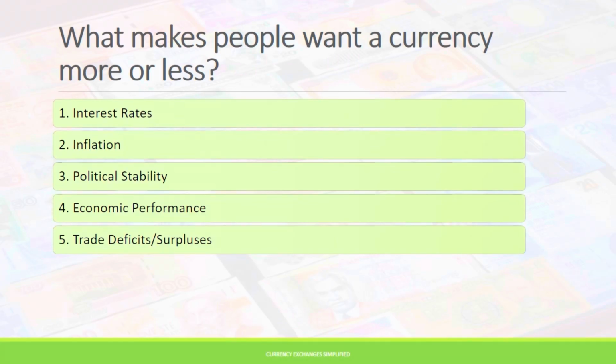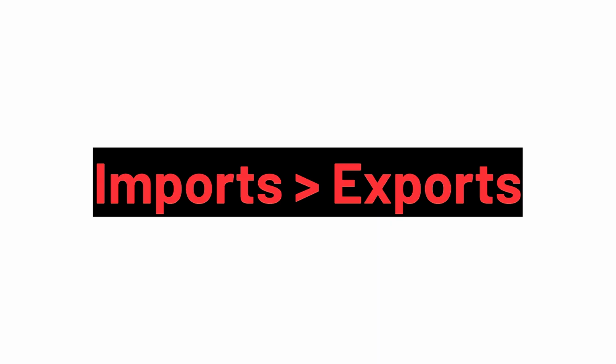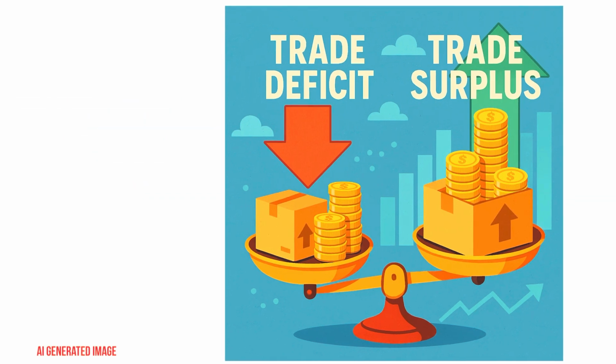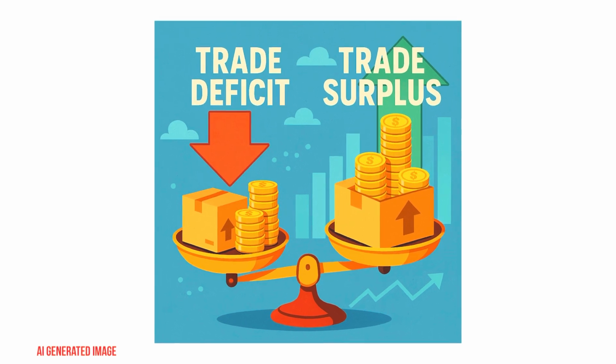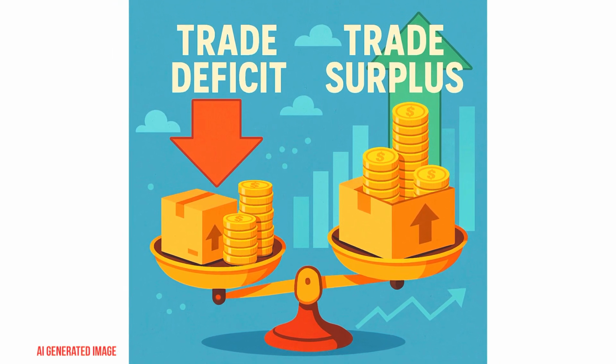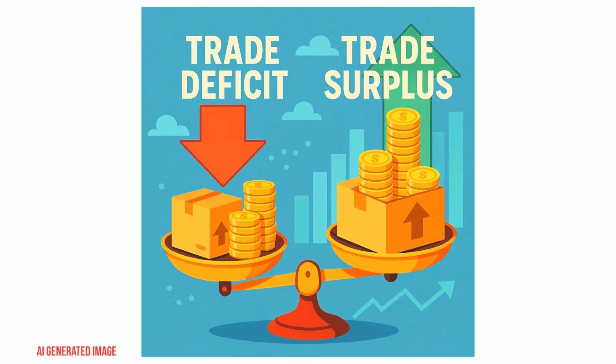Now let's talk about trade deficits and surpluses. If a country imports more than it exports, which leads to a trade deficit, it needs more foreign currency to pay for those imports, right? Which puts pressure on its own currency.